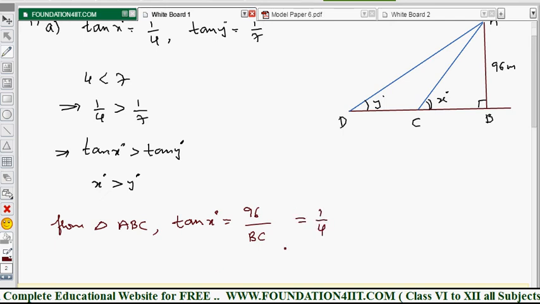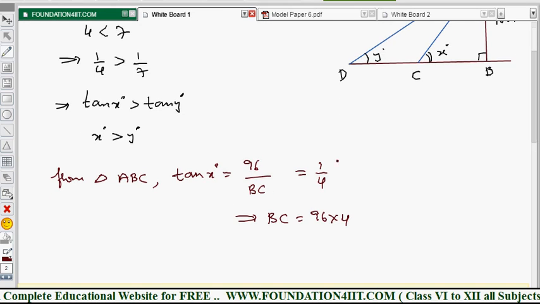So from this BC is equal to 96 into 4, right? BC value is 96 into 4 meters. Let it be like this.